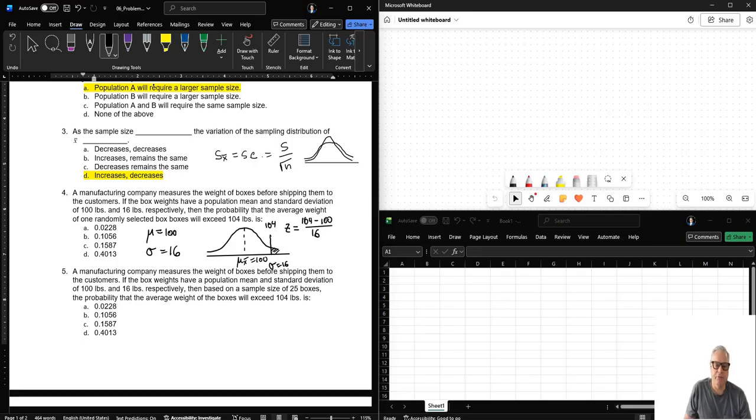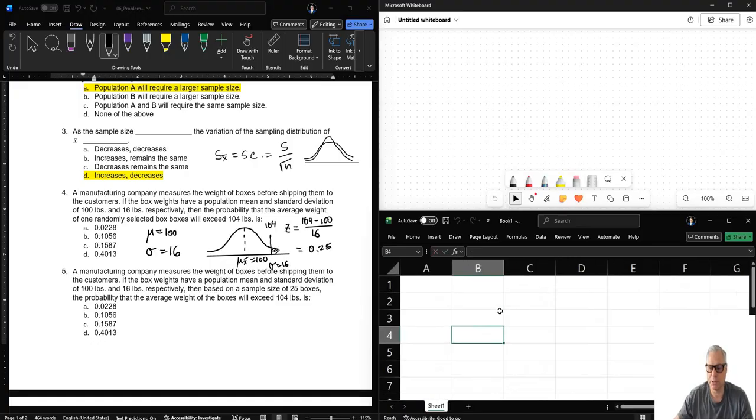And then we get 4 over 16, and that is 0.25. So now our probability is probably 0.40. But anyhow, what we want to do is calculate the probability for this z-score.